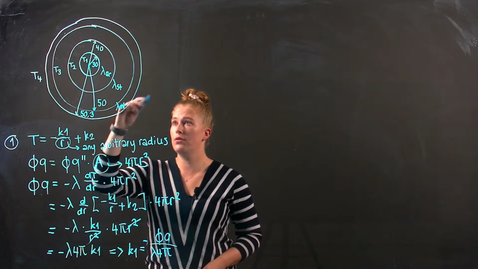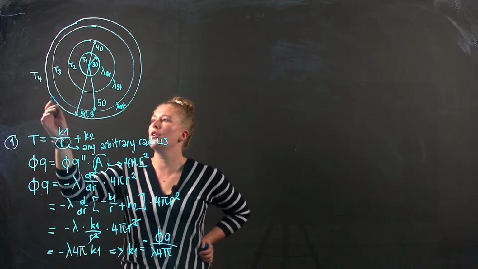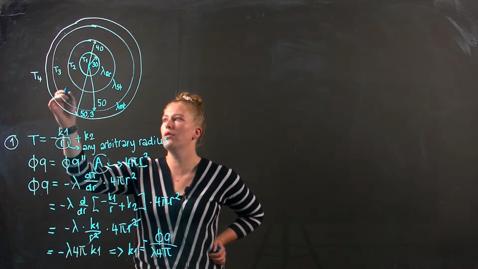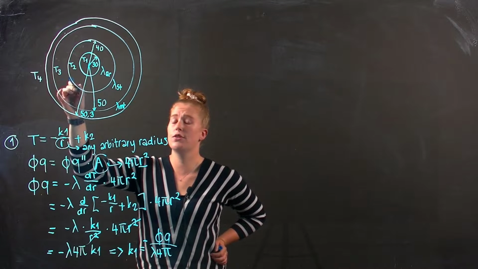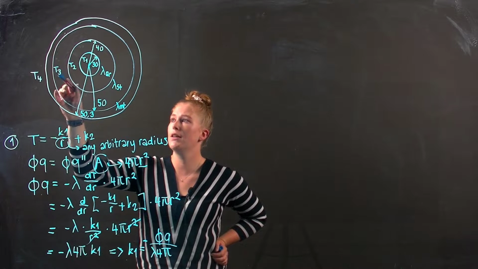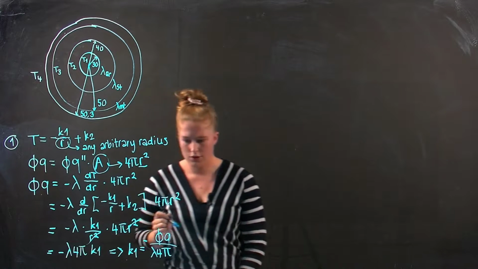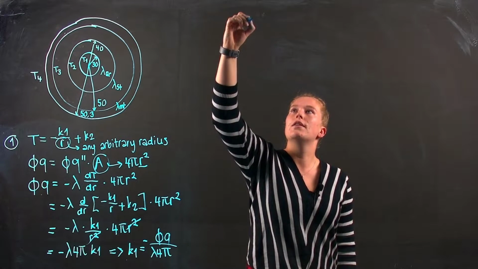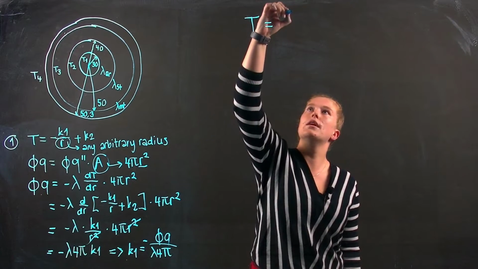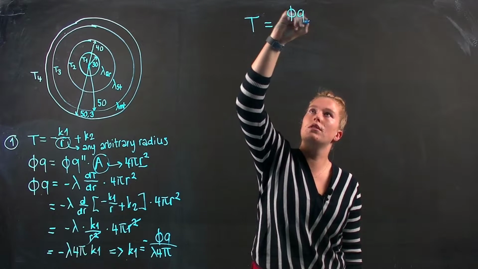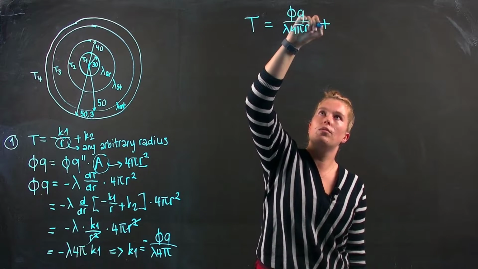Let's now look back at the example, and we want to find this K2 value. So, for example, for the layer of metal, we already know that the outside temperature is T4. So let's look at this temperature T3, because eventually we want to find the inside temperature T1. So we can write for the temperature now, with this K1 value, that the temperature is equal to the heat flow times the conductivity times R plus K2.